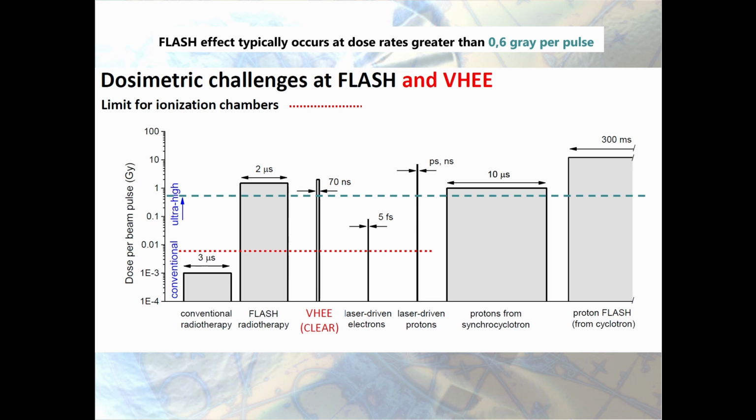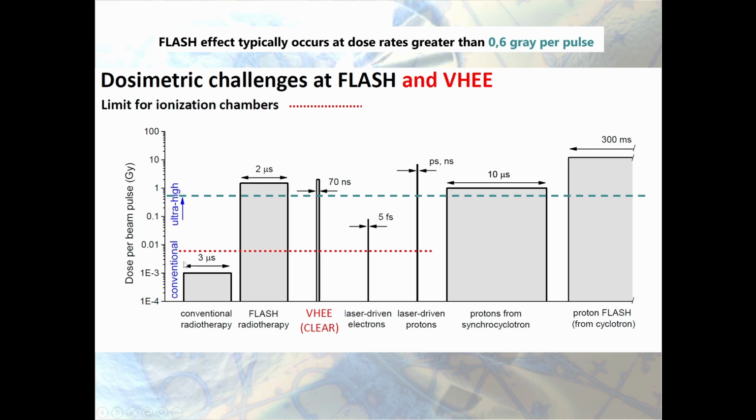You remember changing 2000 pulses of low dose rate to just a few of them at high dose rate. Typically, people say that the flash effect, we will see what it is, occurs when the dose of a pulse is greater than 0.6 gray per pulse. So when the dose per beam pulse goes over this dashed line, we enter the flash effect.